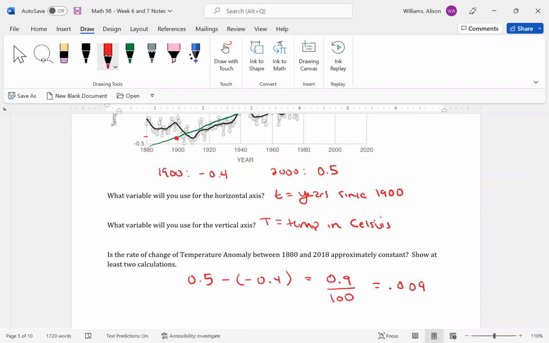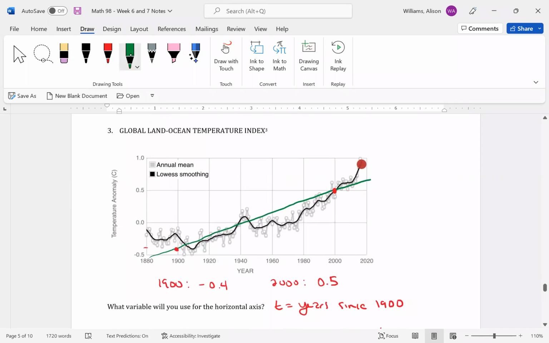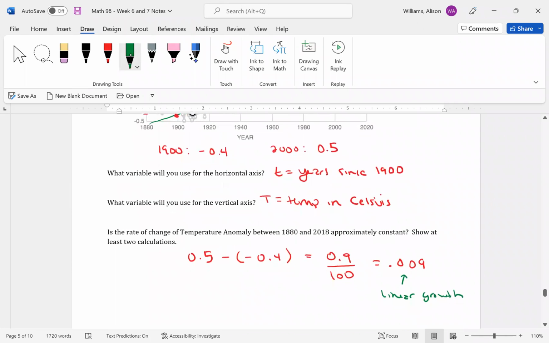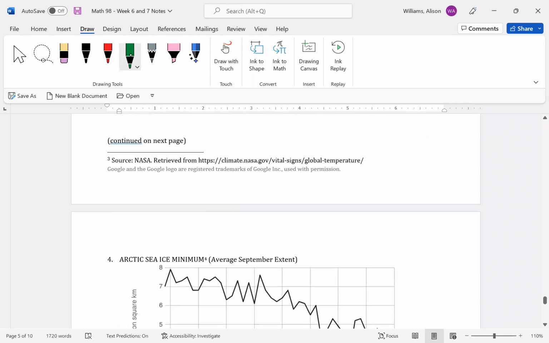And that's the change in the degrees Celsius. But what we've just found is the linear growth again. So it's growing by about 0.009 degrees Celsius each year. And I believe we're talking about the ocean warming up at that rate. All right. So continue on the next page.